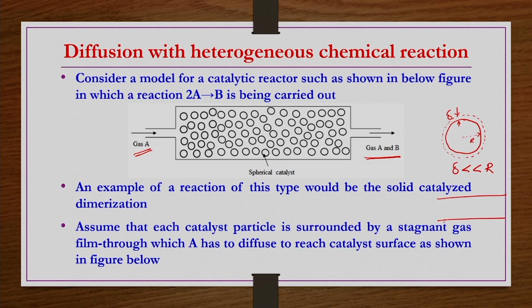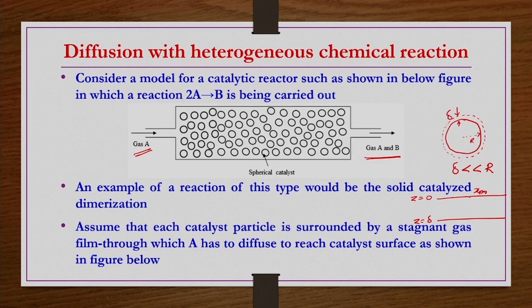So, if it is a catalyst surface, let us say we locate Z equals delta there, and the hypothetical film boundary we take as Z equals 0. At Z equals 0, the concentration of A would be maximum, let us say x_A0.